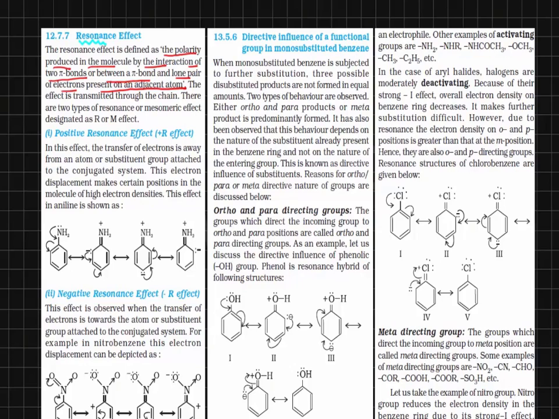So, in case of phenol, if you think of it, there was a lone pair and there was a pi electron. The effect is transmitted through the chain. There are two types of resonance or mesomeric effect. Resonance is also called the mesomeric effect. It is written as plus R or plus M.